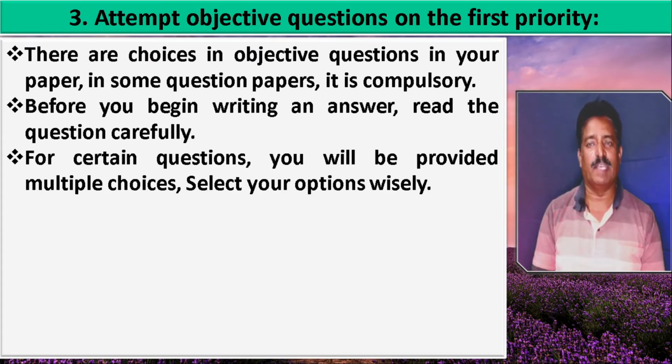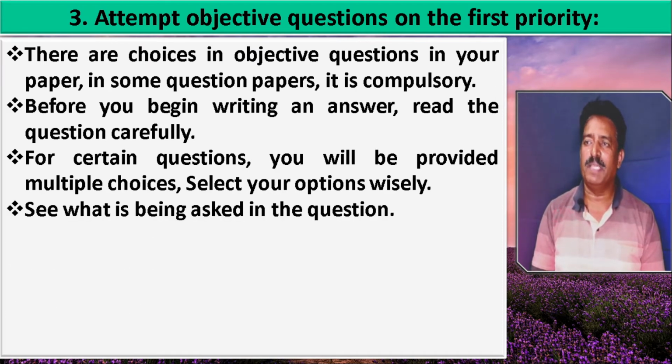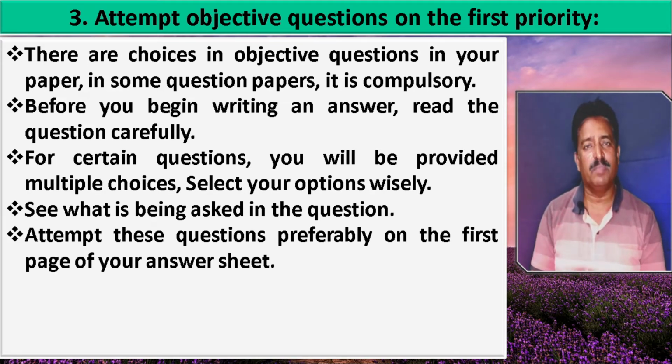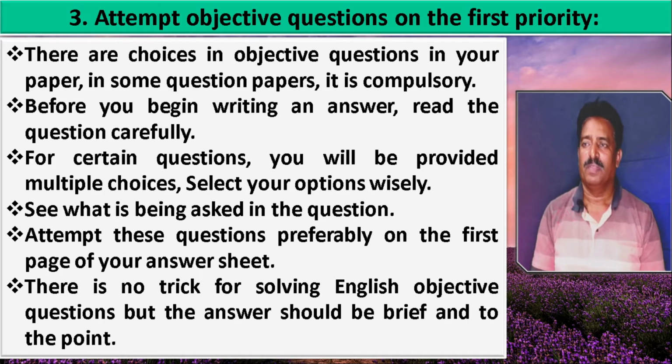Select your options wisely. See what is being asked in the questions. Do not hurry and make your choice smartly. Attempt these questions preferably on the first page of your answer sheet. There is no trick for solving English objective type questions, but the answer should be brief and to the point.